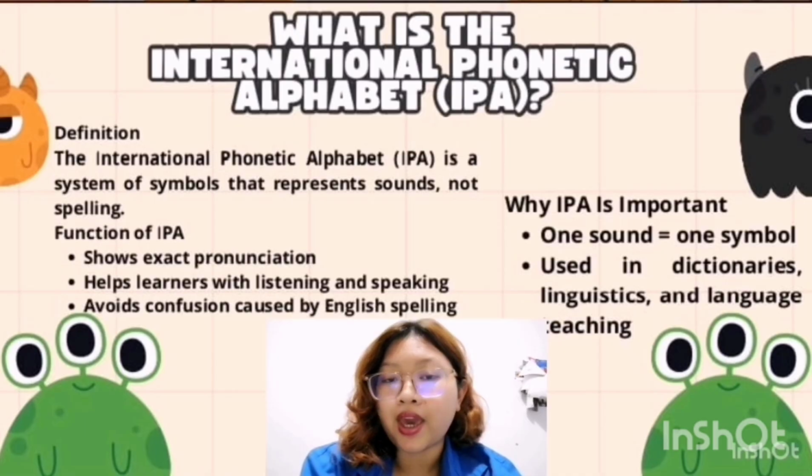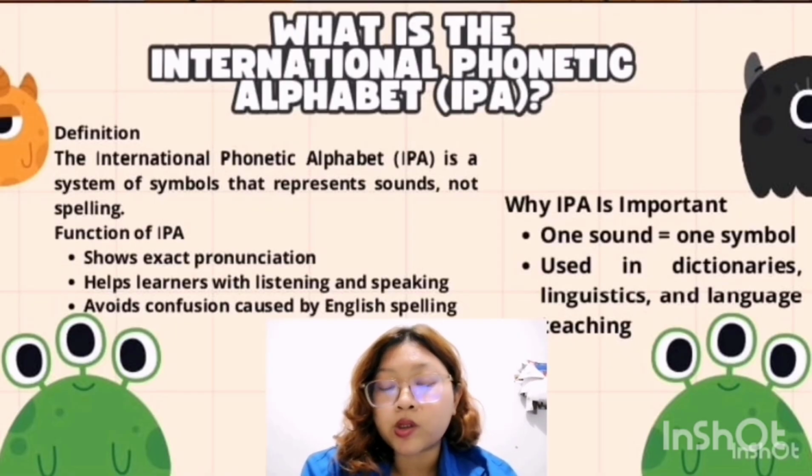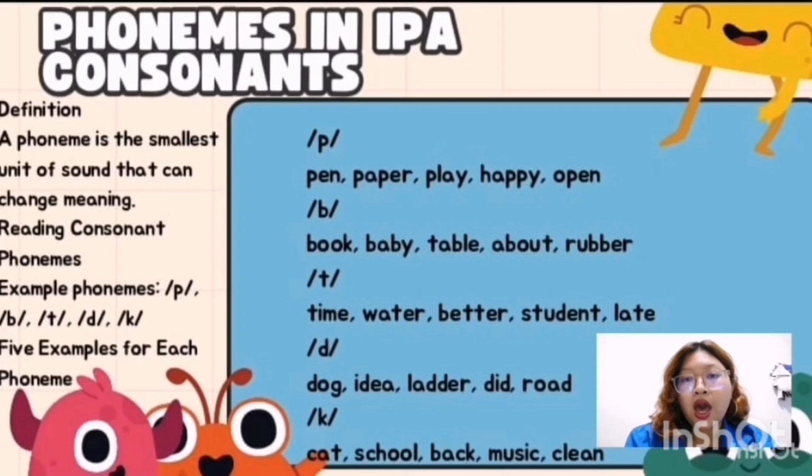The function of IPA is to show the exact pronunciation, help learners with listening and speaking, and avoid confusion caused by English spelling. Why is IPA important? One sound is one symbol. It is used in dictionaries, linguistics, and language teaching.